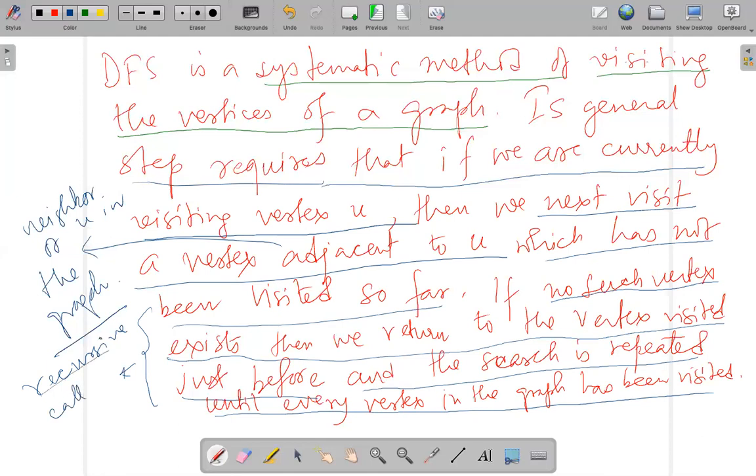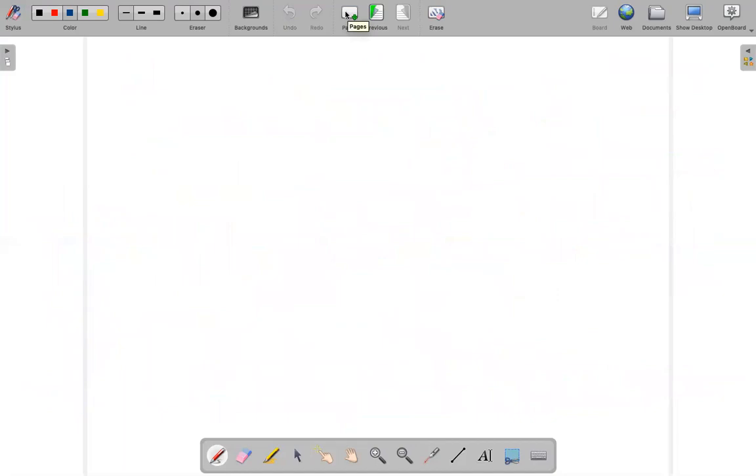Okay, so basically, if you do not find the neighbors of a particular node that are not already visited, then you go back to the ancestor of that node and you look at the neighbors that have so far not been visited of those ancestors. If all the nodes that are neighbors of the ancestor are also visited, then you go to the ancestor's ancestor and you keep on doing this. So there is a recursion embedded in this strategy. Okay, so we will look at it into more details now.